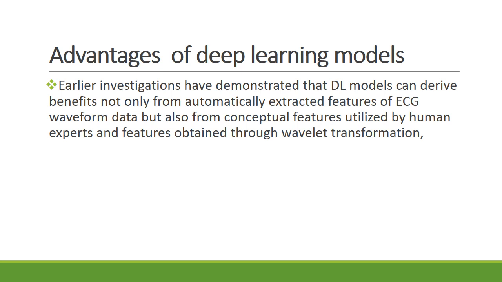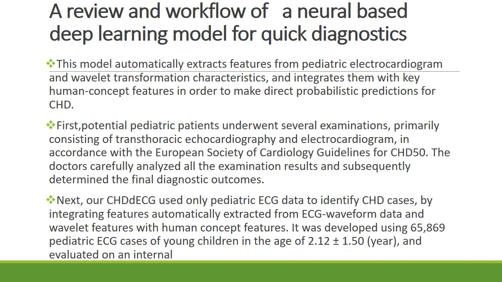These models can derive benefits not only from automatically extracted features of ECG waveform data, but also from the conceptual features utilized by human experts and features obtained through wavelet transformation. Those are our inputs there.